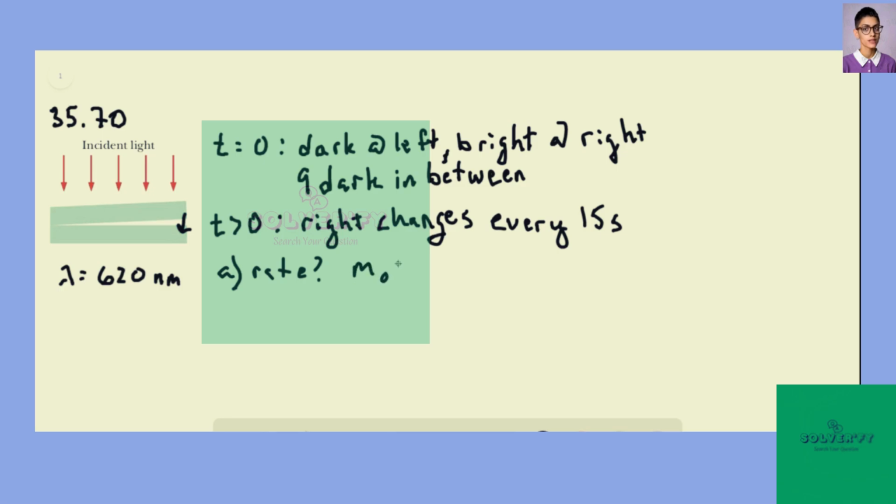So the first thing we want to know is the rate at which the right end is moving. So for this we have m naught, the initial m is 9.5.